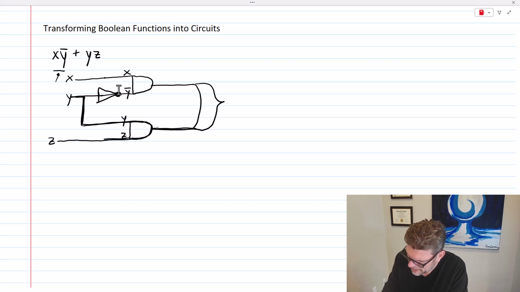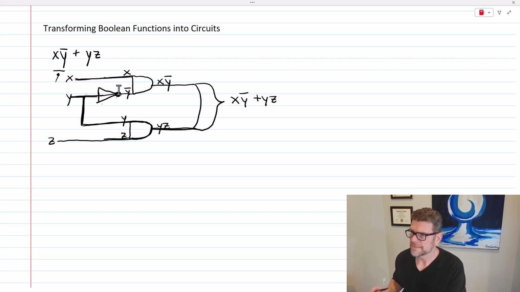So what I've got now is x, I've got y, we invert y to y bar, and use the AND gate to get x y bar. Then I have z, and I have y branching off of the y, so I get yz, and then I'll do my addition, x y bar plus yz. And there's my gate.